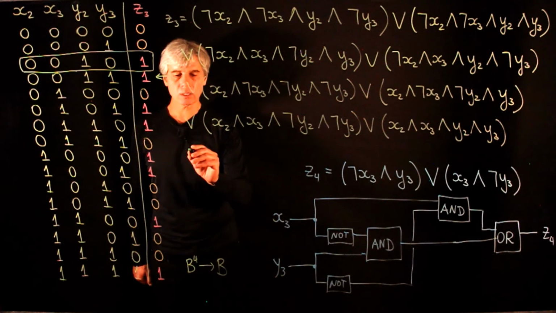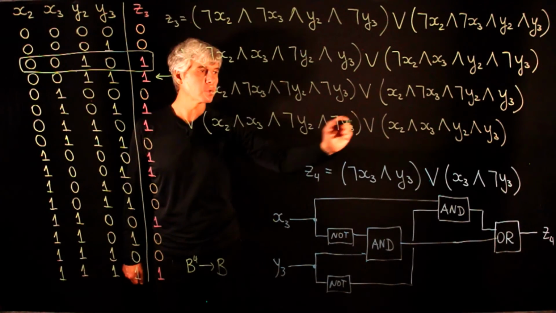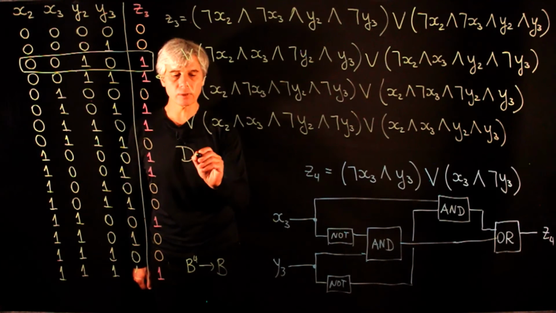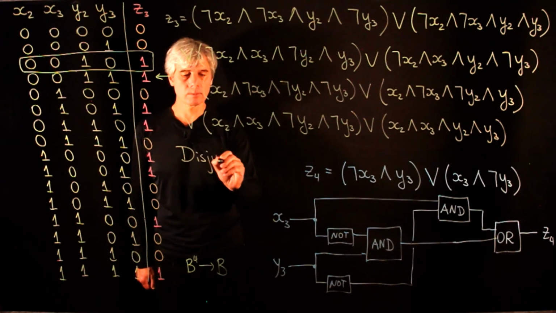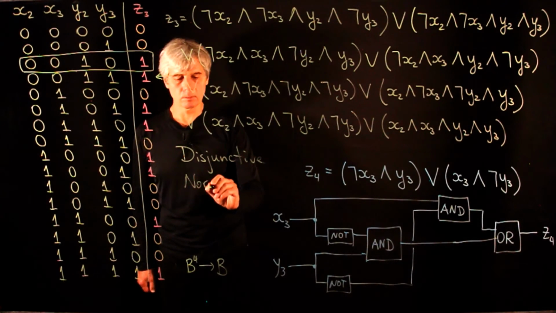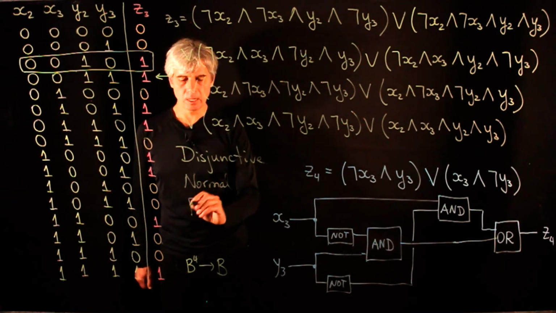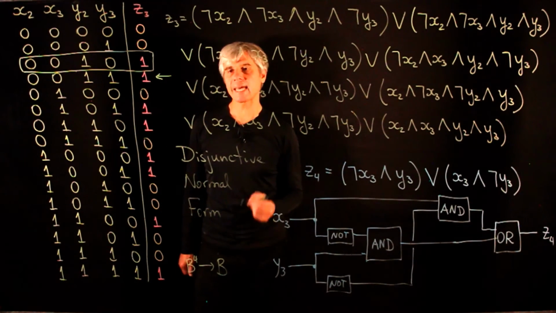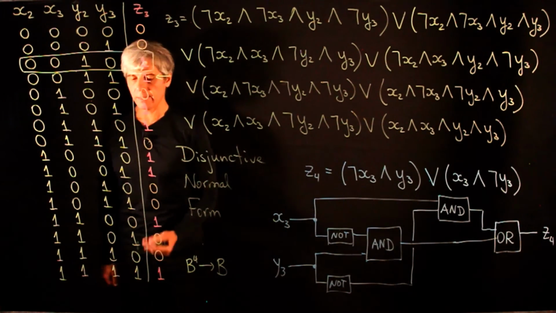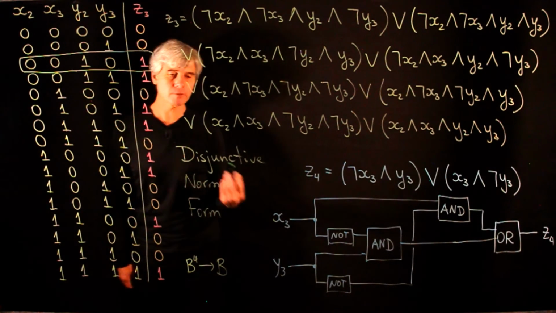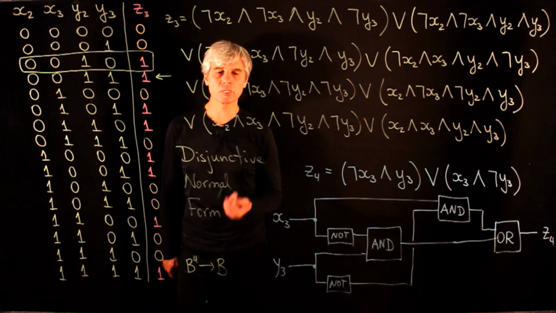This presentation of a Boolean function is called disjunctive normal form. Basically, any Boolean function has a disjunctive normal form, and this proves our theorem that every Boolean function can be written as a composition of elementary Boolean functions.